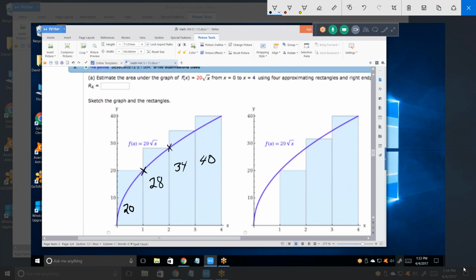What is f of x when I plug in x of 2? It's 20 root 2. What is that in your calculator? Root 2 is like 1.41, so 20 times it is going to be a little bit more than 28. Yeah, it's 28.3.